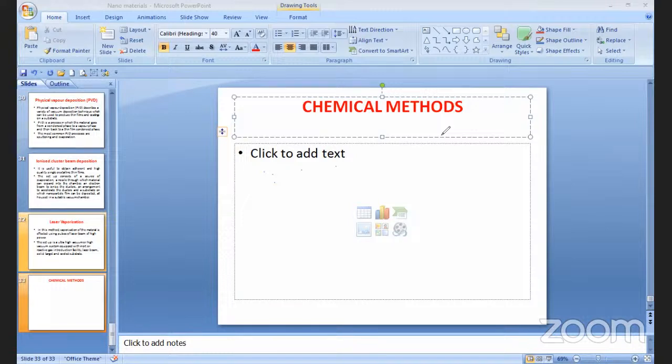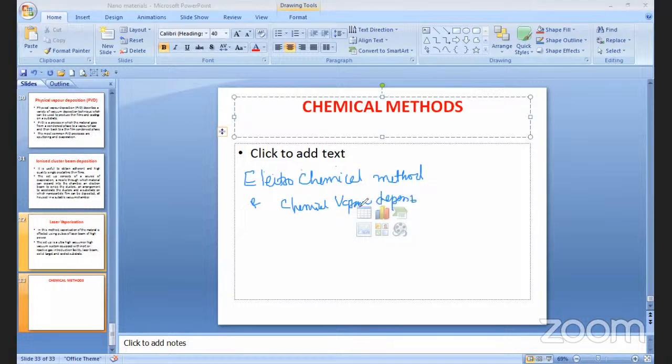Other methods which come under the chemical methods to prepare these nanoparticles are: one, the electrochemical method; the chemical vapor deposition method; and another method, electrodeposition.